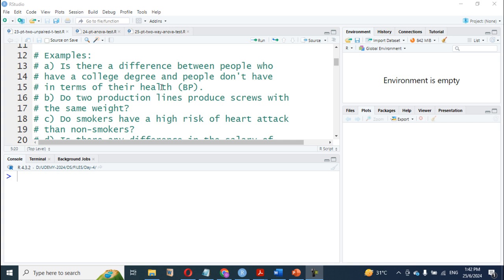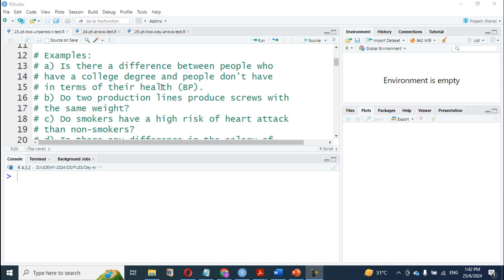So we want to look at whether there is a difference between the people who have and who do not have, by looking at their mean in terms of their health, maybe blood pressure. So we use blood pressure as our continuous variable, while we use education as the categorical variable. So we have college degree, no college degree.